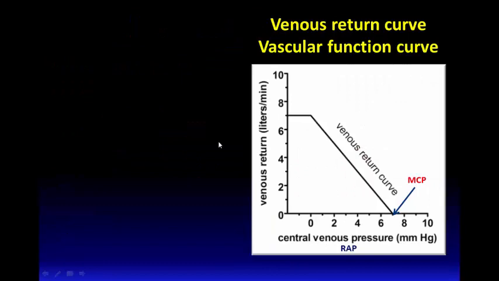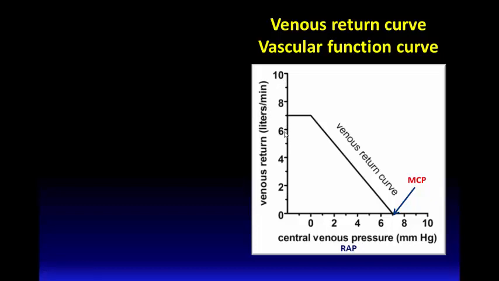Having finished with the detailed description of the factors which influence the venous return, let's describe an important curve in physiology, which is the venous return curve. This curve is also known as the vascular function curve. This curve shows the relationship between the right atrial pressure, the central venous pressure in millimeters of mercury on the x-axis, and venous return in liters per minute on the y-axis.